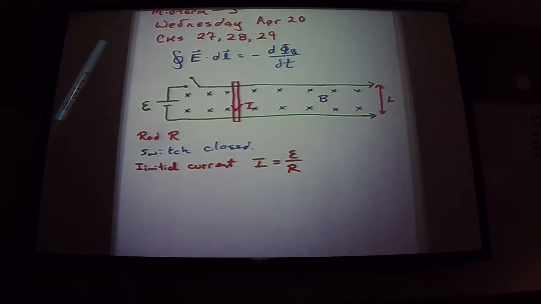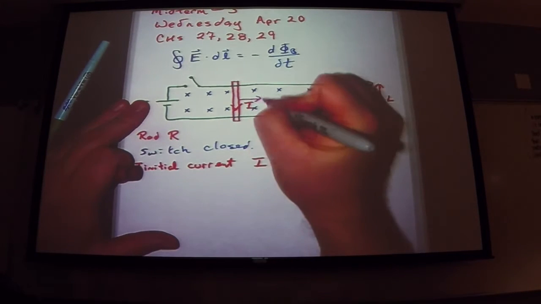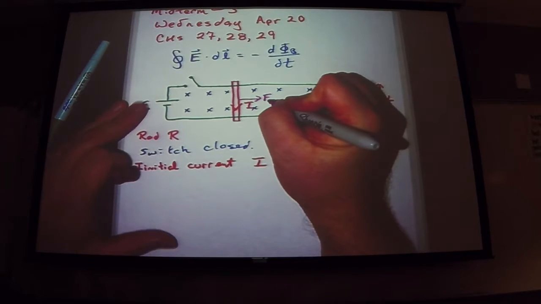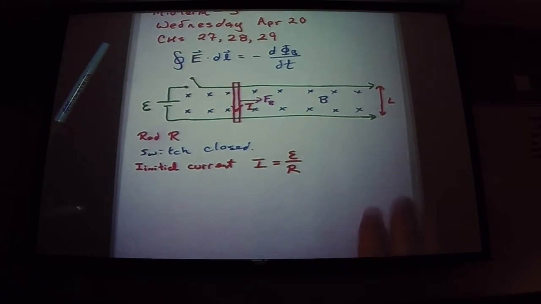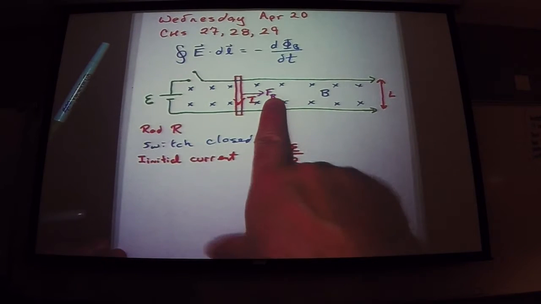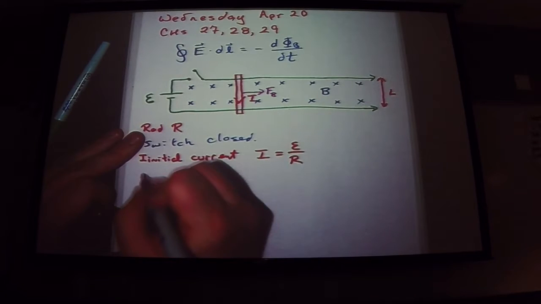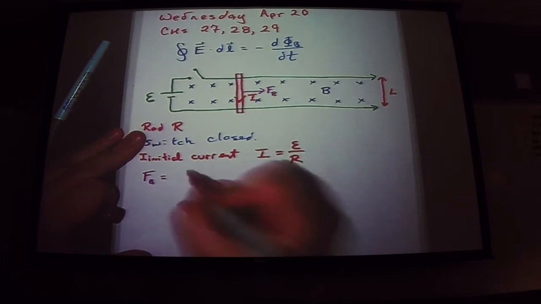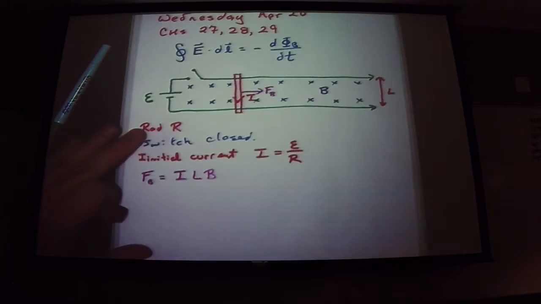That's a magnetic force. So what happens is I have a magnetic force, and that force on that wire is equal to I multiplied by its length multiplied by the magnetic field.